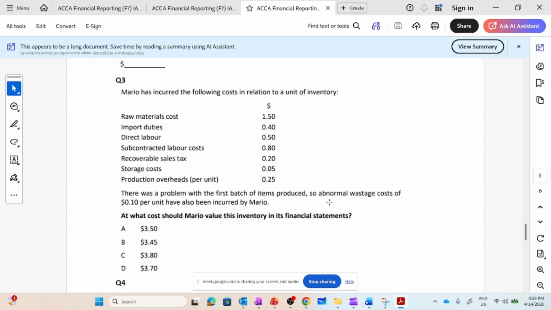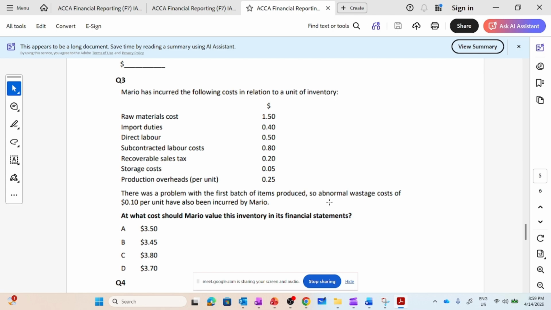Okay. Recoverable sales tax. Mm, it should not be included. It's an overhead. Okay. What about storage cost? Yes, sir. Storage cost should not be included.